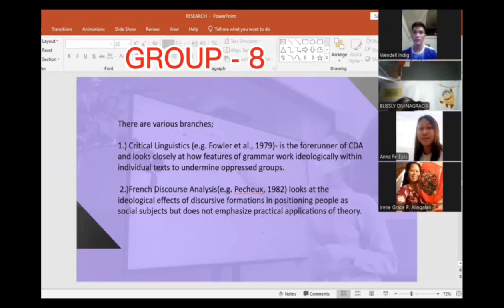1979 is the forerunner of CDA and looks closely at how features of grammar work ideologically within individual texts to undermine oppressed groups.